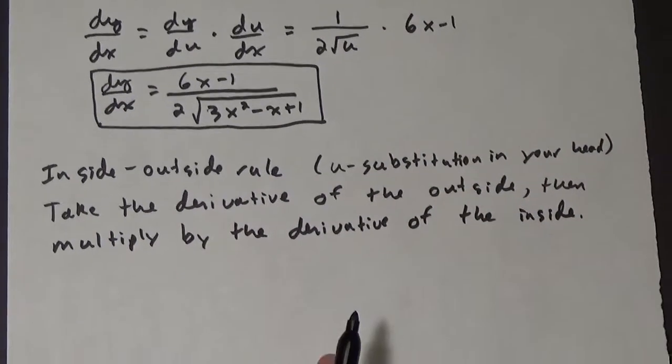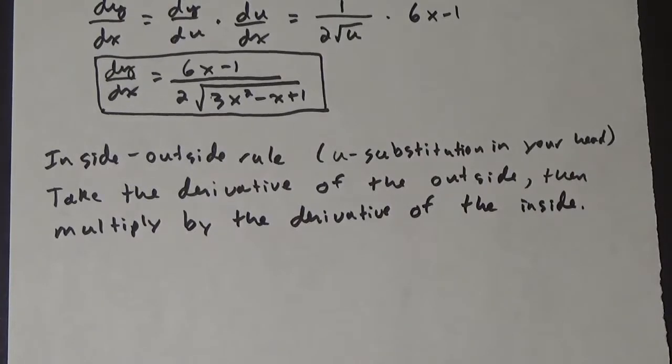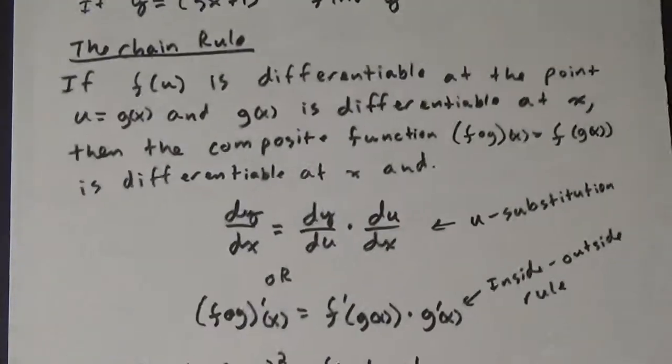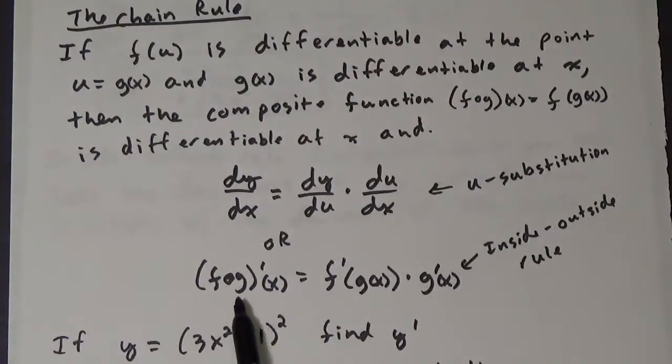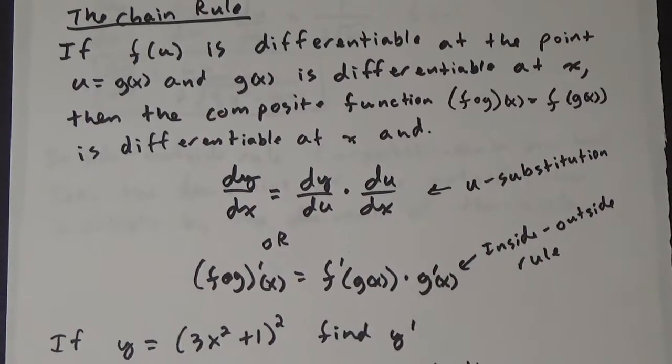So that's kind of how we keep this straight. And that's what this means. If you have a composite function, you take the derivative of the outside function and then multiply it by the derivative of the inside function.